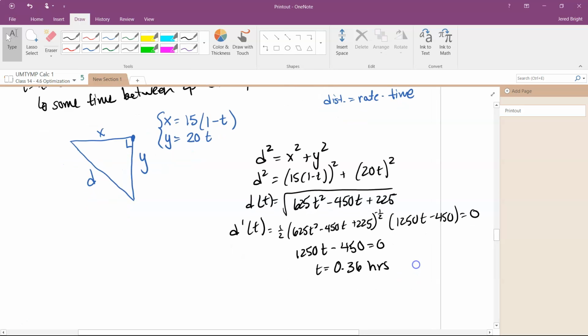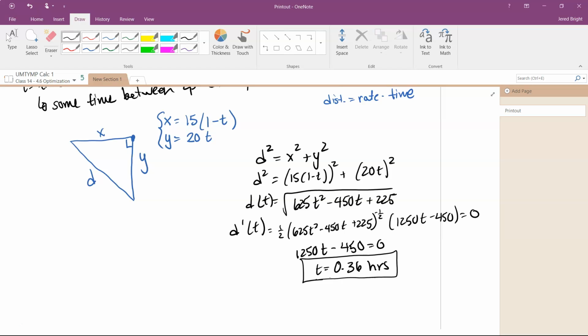All right, so now we believe that this might be a maximum or minimum, and given the language in the problem, this is probably going to be a minimum, but we need to verify. So do we want to do the second derivative or first derivative test? Either one. We've done second derivative in the first ones.